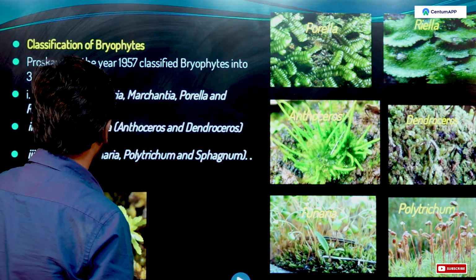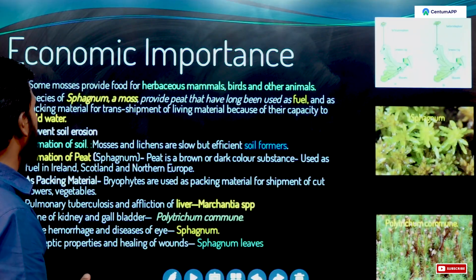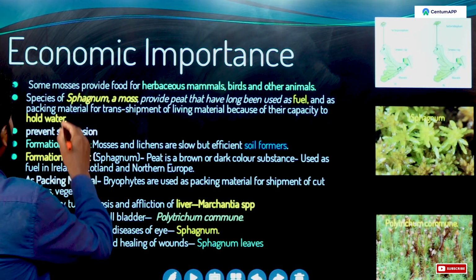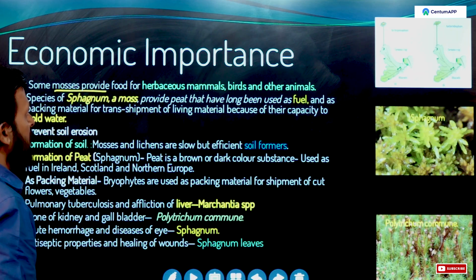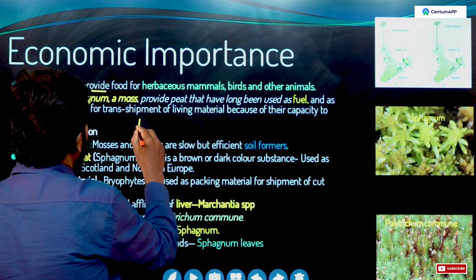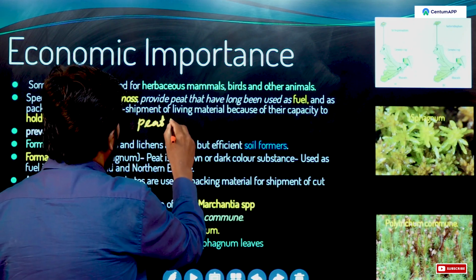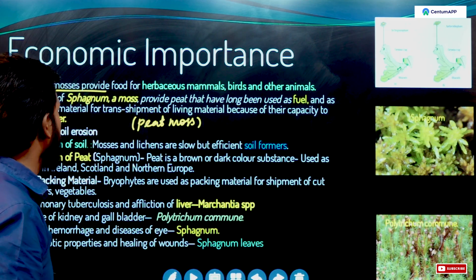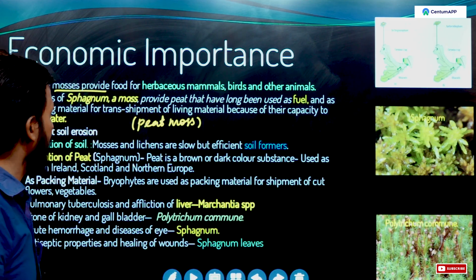Next one, some economic importance of Bryophytes. Some mosses provide food for herbivorous mammals, birds and other animals. Sphagnum we call peat moss. Peat moss and bog moss are other names of Sphagnum.